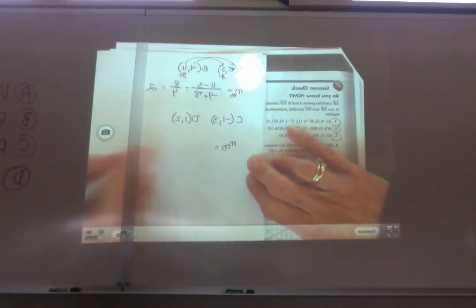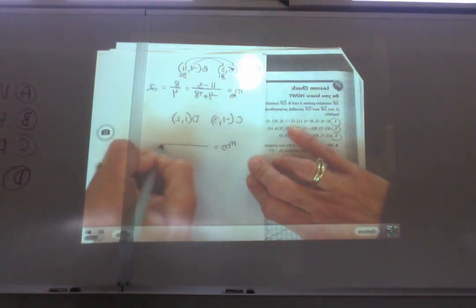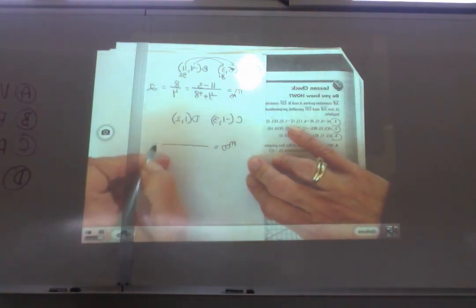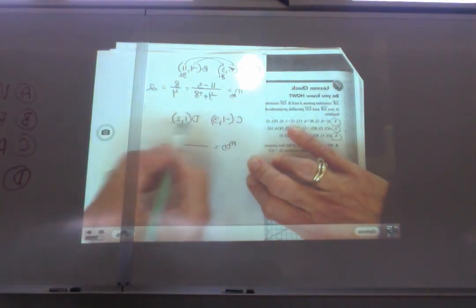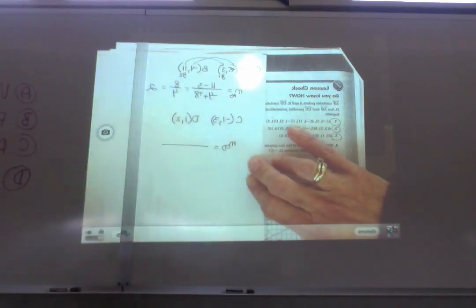The first thing to know, though, is finding a slope from a set of points. Who goes on top, x's or y's? Try again. Y's go on top.